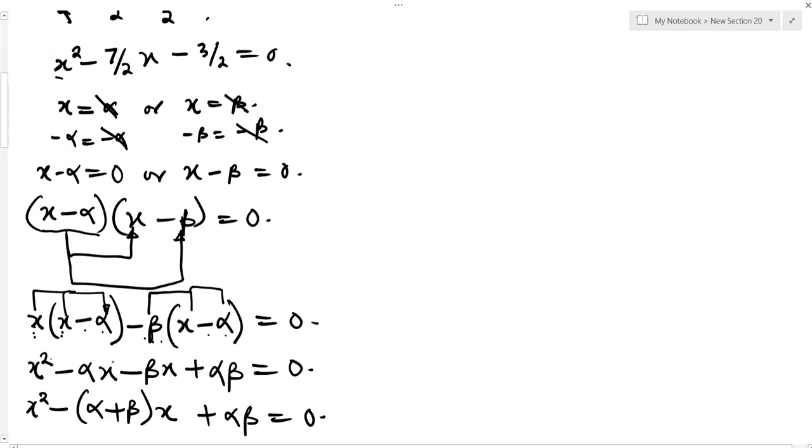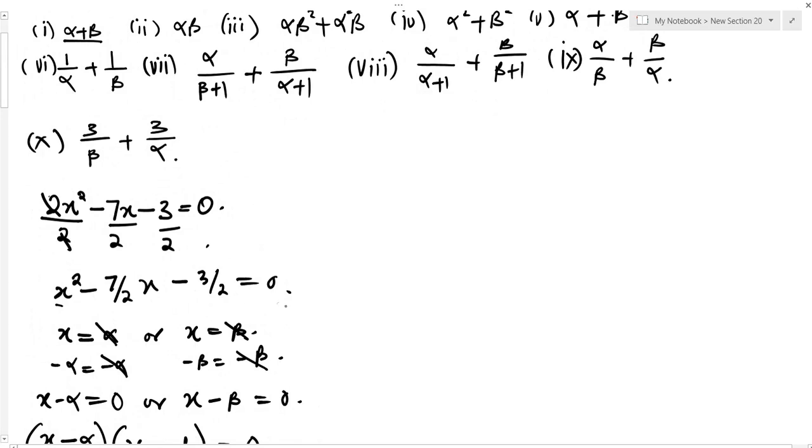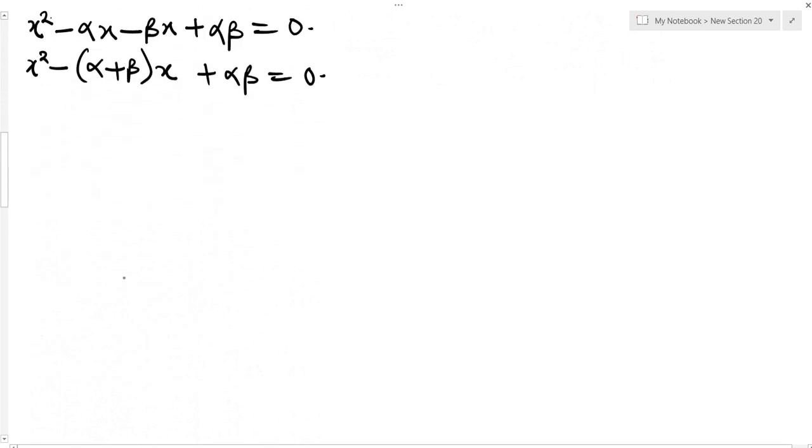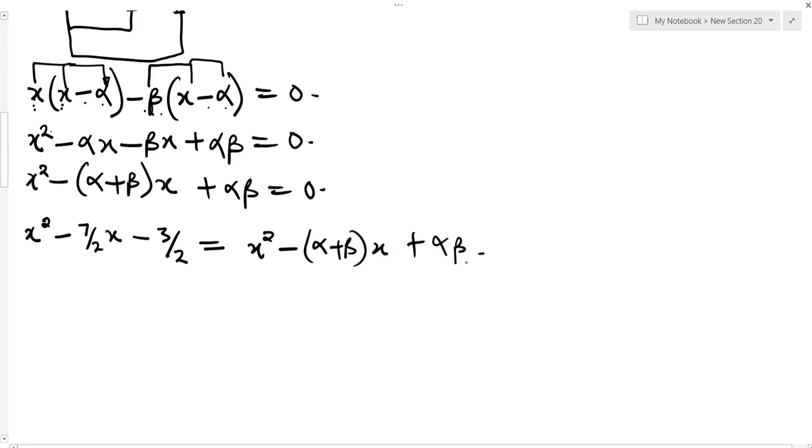Now since alpha and beta are the roots of this equation, that means x squared minus 7 over 2 x minus 3 over 2 is equal to x squared minus alpha plus beta x plus alpha beta, so they are equal.